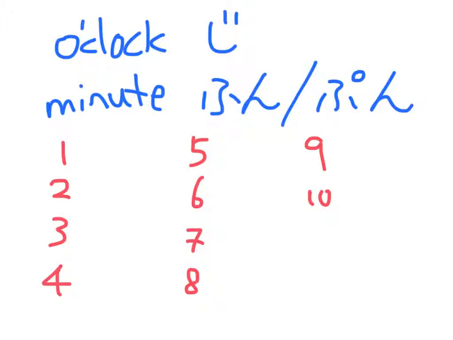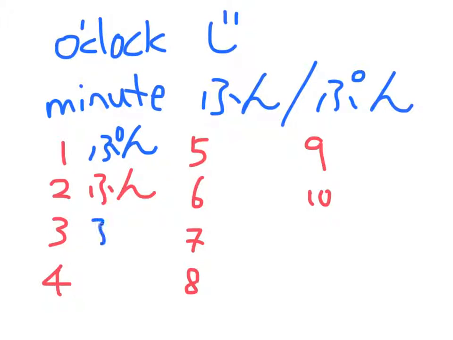That should cover most of the numbers you need to know. Now with 1 minute or any number ending with 1, instead of saying 1分, we have to go 1分, with a small z in between. With 2, it is straightforward 2分.